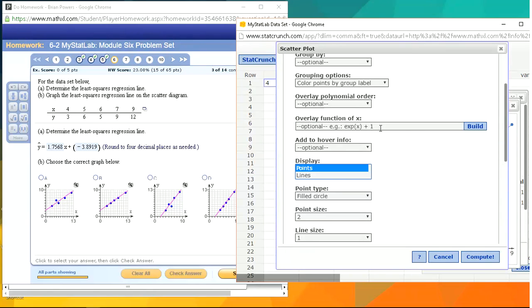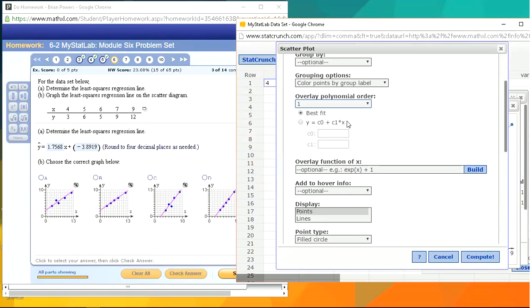I can overlay the function directly, or I can overlay a polynomial of order 1 and choose the best fit, and that's a linear model. I can explicitly choose best fit, or I can put in the intercept and the slope here, but I'm going to do the best fit. The best fit line is exactly what we found, the least squares regression line. So it'll overlay the best fit line.